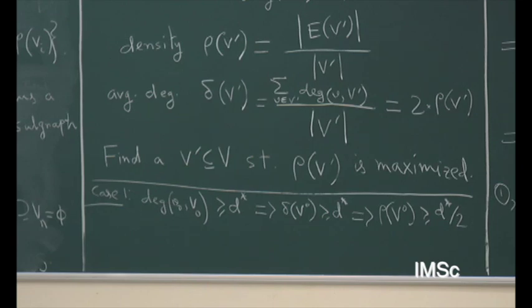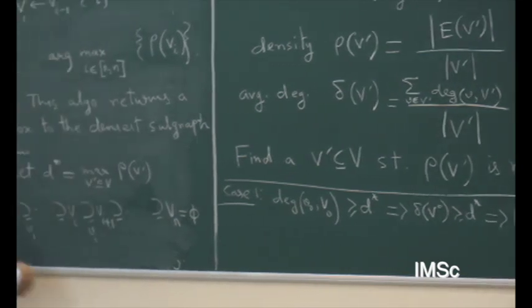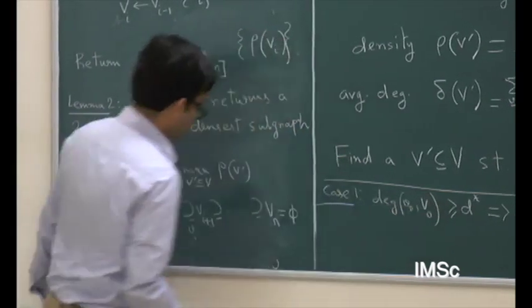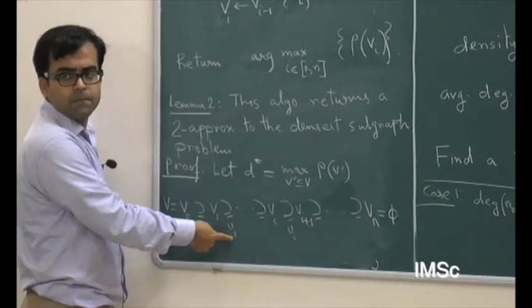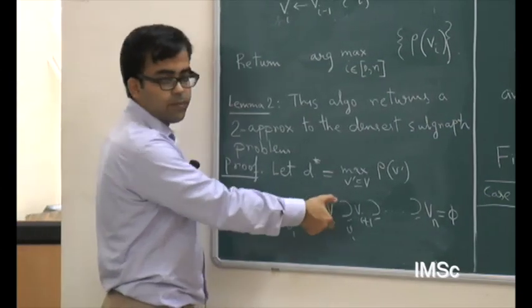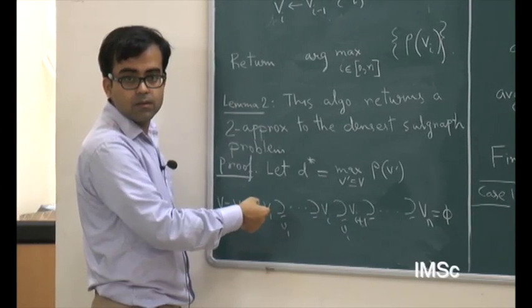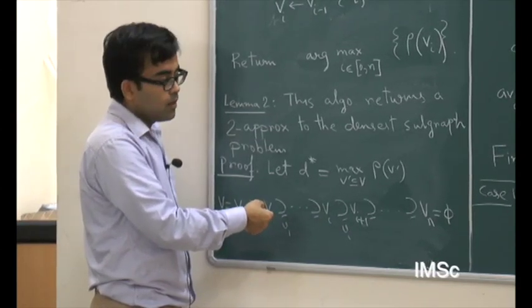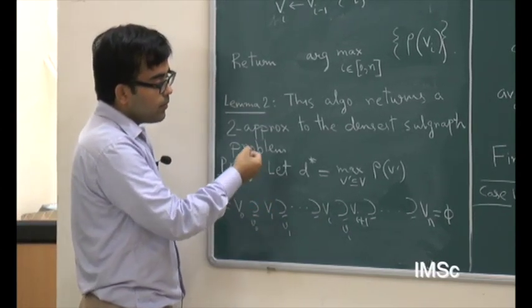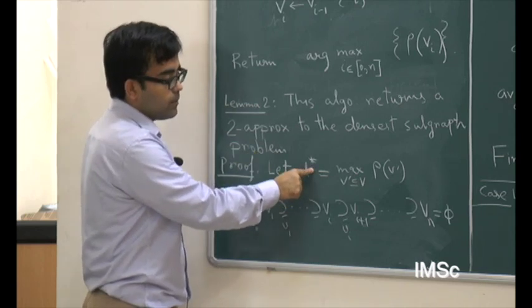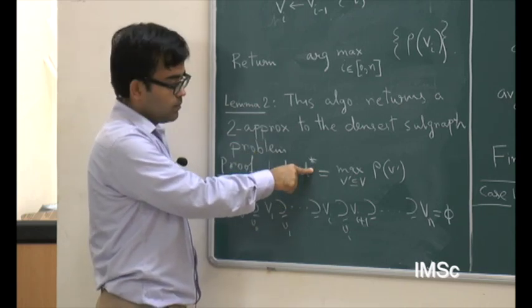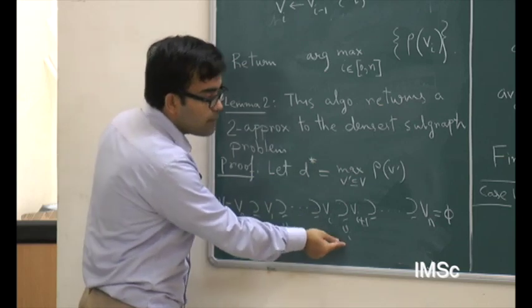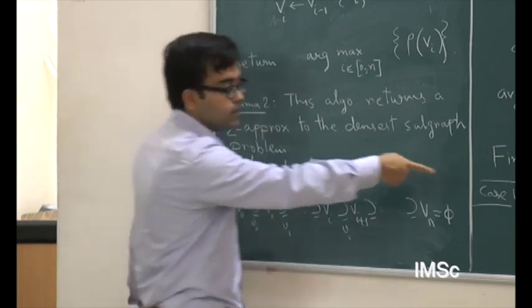Now you continue like this. Suppose it did not happen, that the degree of V0 here was less than D star. Then you look at V1. Just apply the same argument here, okay? And you can argue that since D star is the optimum density, there will be some Vi where you will see this thing happening.